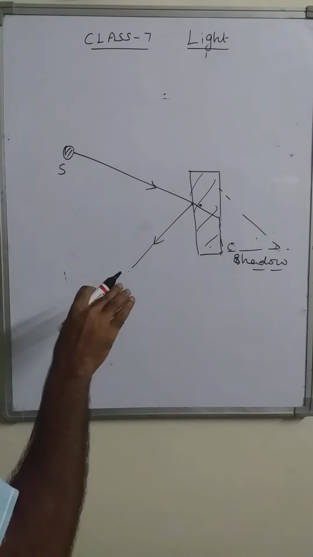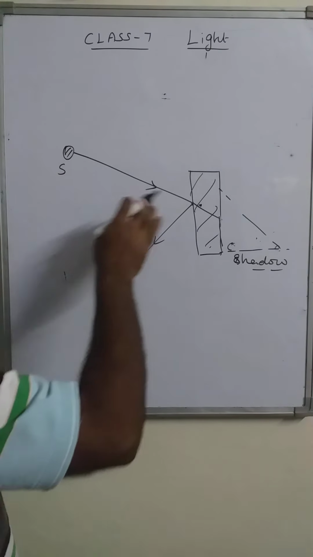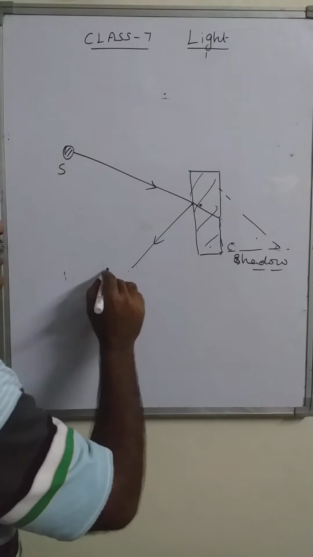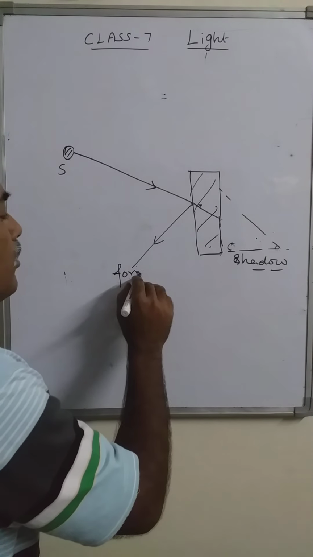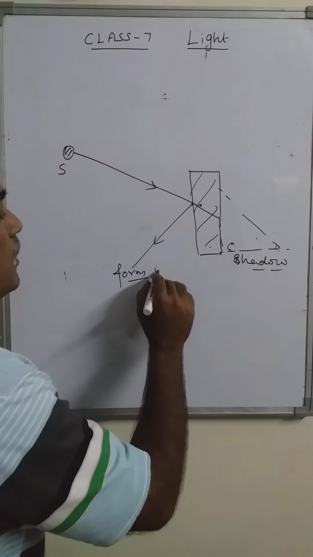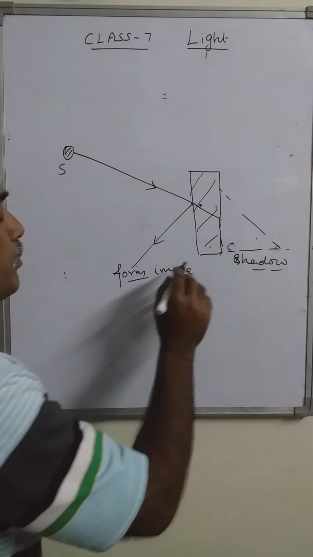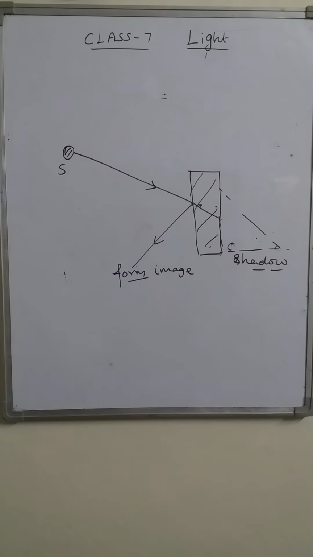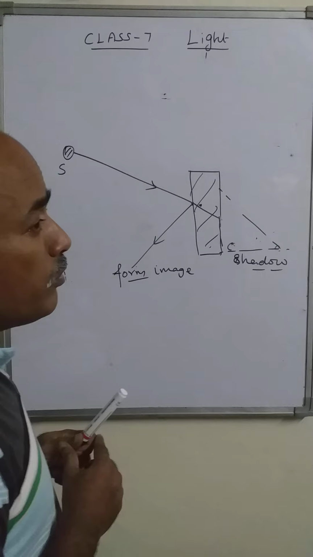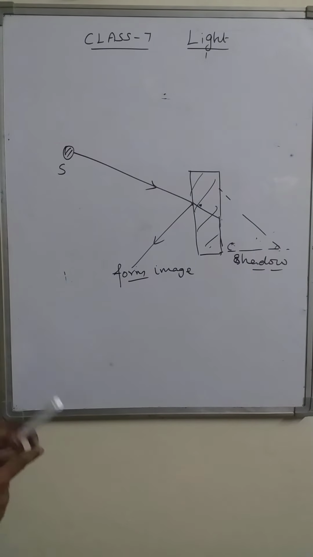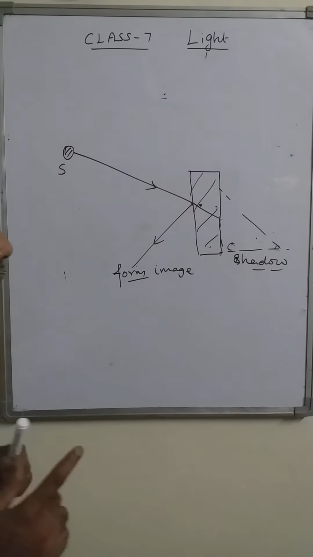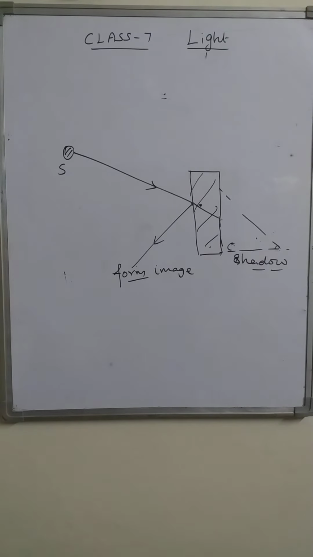I am saying may. They meet at a single point and form the image. So due to the reflection of light, shadow is formed and the image may also form.